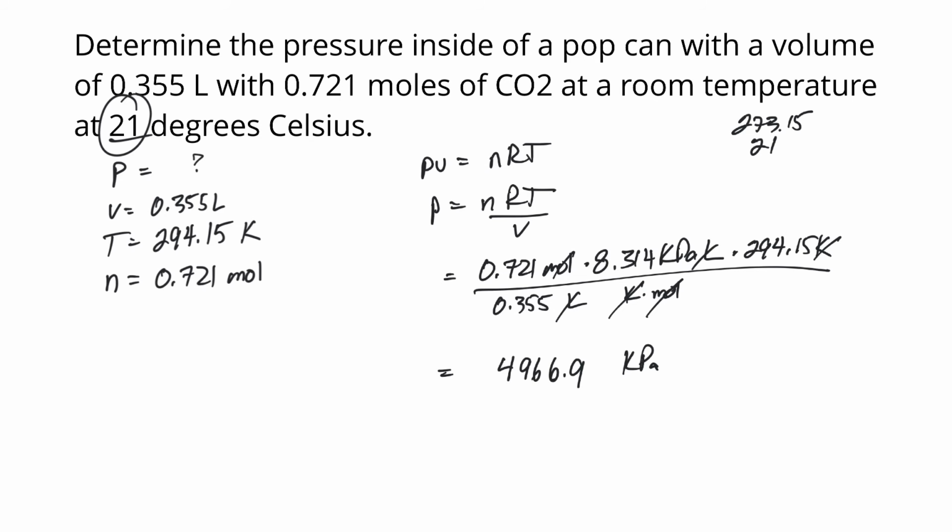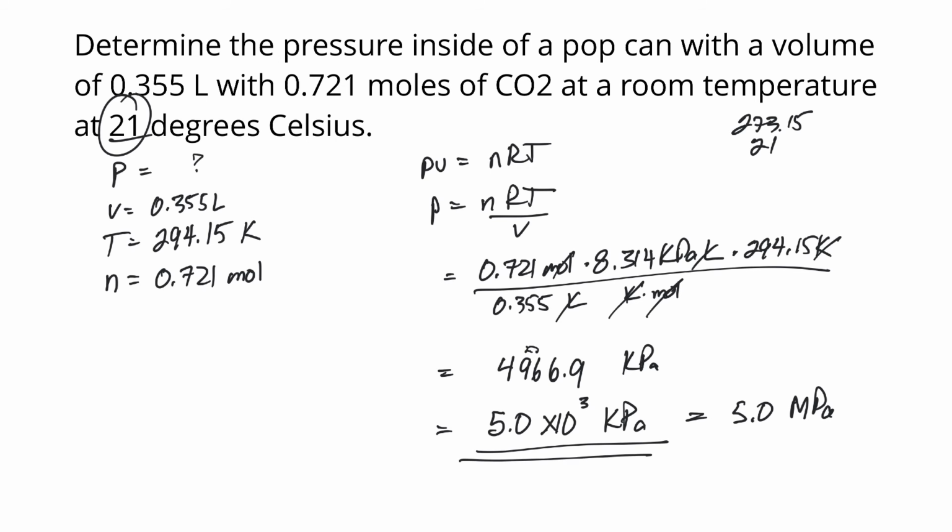So this one has to go up, so it would have to be 50. I'm going to have to do scientific notation with this one too: 5.0 times 10 to the third kilopascals. You could change the kilopascals to megapascals, so you could write it as 5.0 megapascals, but probably that's preferred.